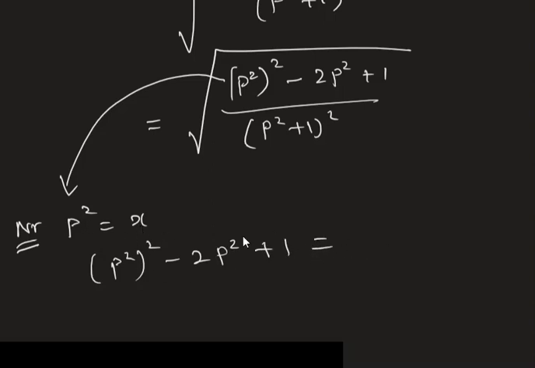So p squared is x. So x squared minus 2x, is it not? Plus 1, which is nothing but when we factorize it becomes x minus 1 the whole squared. Is it not? You just expand it, a minus b whole squared, you will get this. So x minus 1. What we have taken as x, that is nothing but p squared.